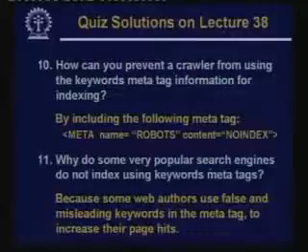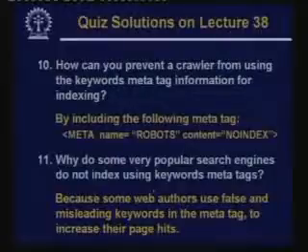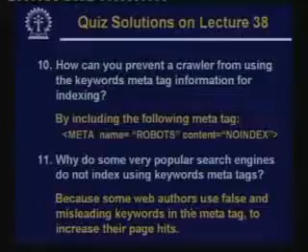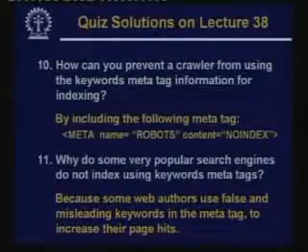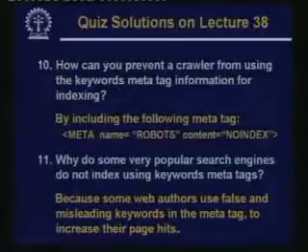Why do some very popular search engines not index using keywords meta tags? Because I mentioned that there are many web authors who use false and misleading keywords in the meta tags for the sole purpose of increasing their page hits. See, there are many websites where there are a lot of advertisements and they gain revenue by the number of hits, the number of people that visit their websites.